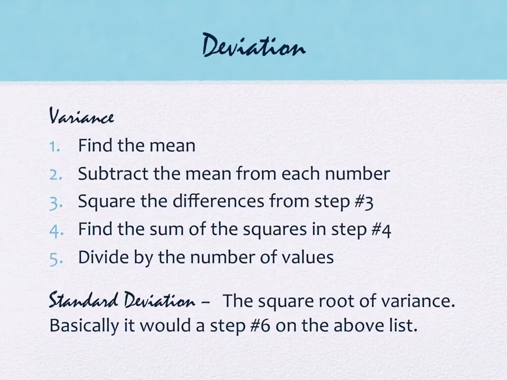You square the differences. Okay, with mean absolute deviation, you find the absolute value of the differences. You add the values together, and then you divide by your number of values. With the exception of this step, these are all the same steps as mean absolute deviation. The only part that's different is the squaring. Instead of squaring, we take absolute values.